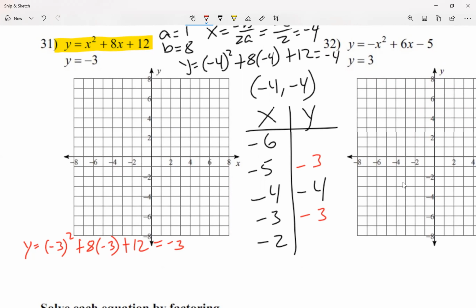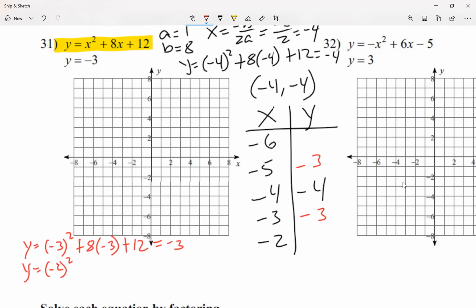For the next one, I can use -6 or -2. I'm going to use -2. So y equals -2 squared plus 8 times -2 plus 12. So I'm looking at this as 4 minus 16 plus 12, which is 0.